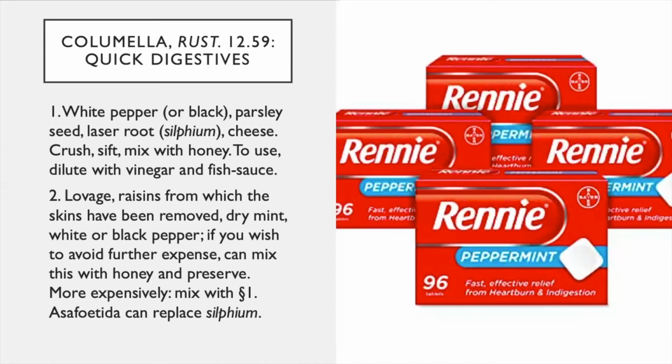You might be buying these ingredients, not producing them yourself. In particular, because of silphium, this famously expensive root, which is now all but extinct. And I did read the other day that they found some growing wild. And he says also asafoetida can replace silphium if you don't have silphium. So again, with the alternatives, but here with the question of buying things as opposed to producing them yourself.